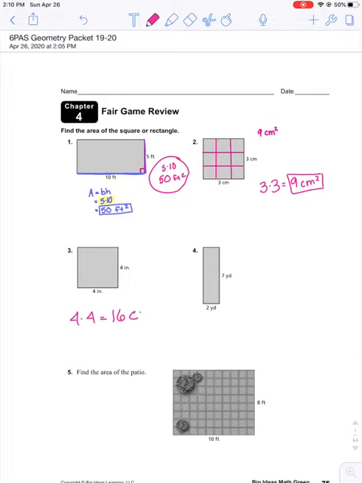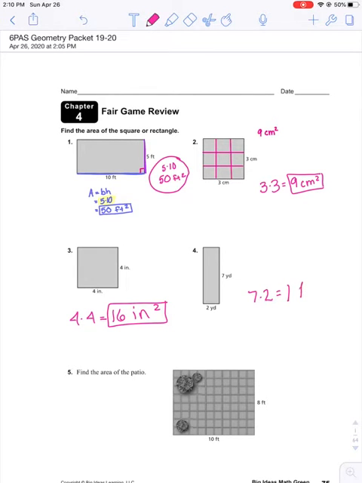On number 3, you should have done 4 times 4 and said that that equals 16 centimeters squared. And you had to have the 4 times 4 part. Number 4, you had to do 7 times 2. Oh, I just realized on my previous one, I wrote centimeters, but it was supposed to be inches. Sorry, inches squared.